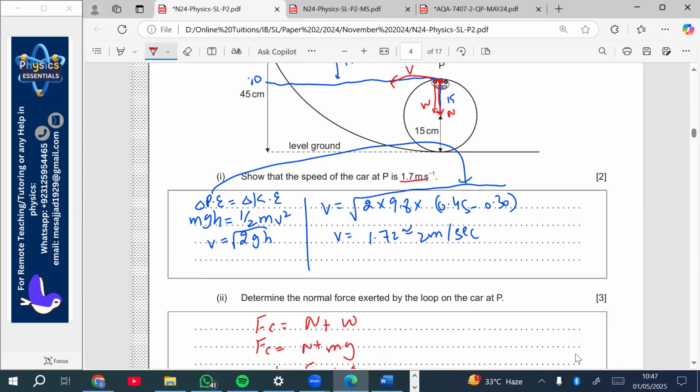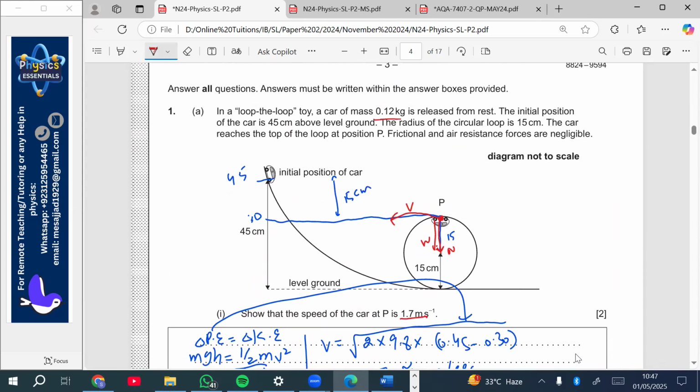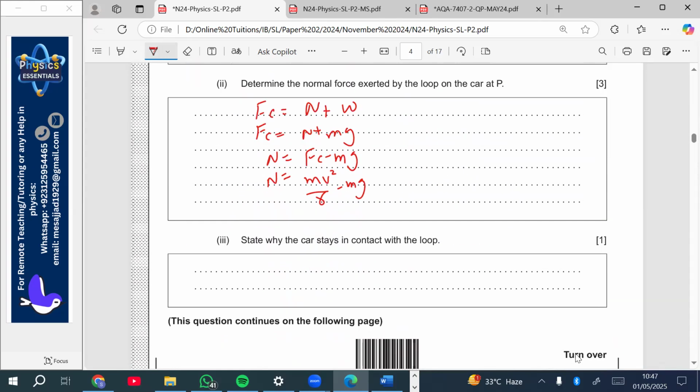So just put in the values. Mass is 0.12, speed is 1.7, or to be precise, 1.72.